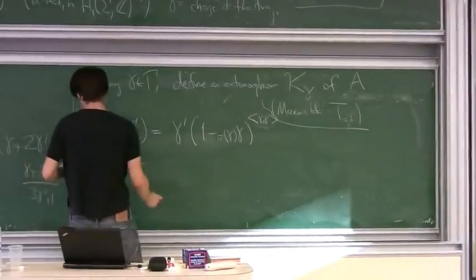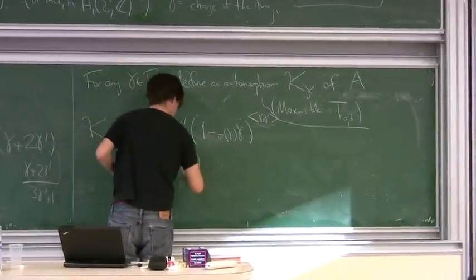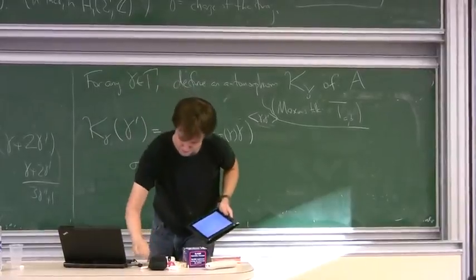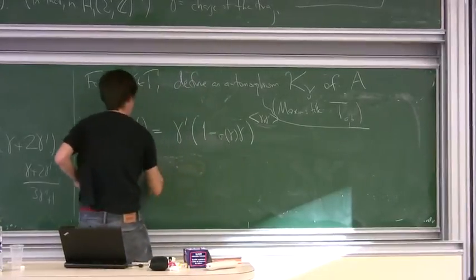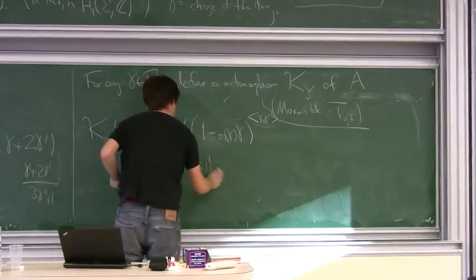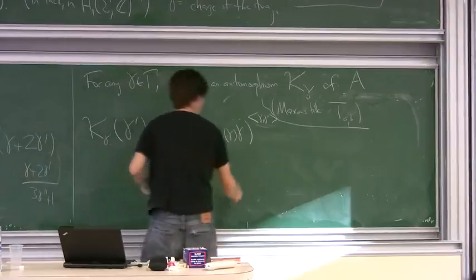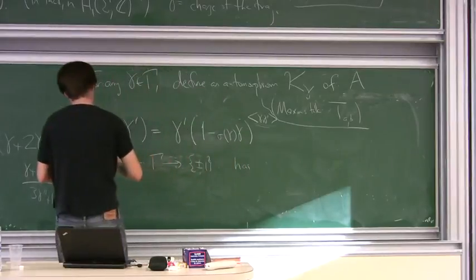So what is this thing? This sigma is just something that maps H1 of sigma to Z2, taking gamma to plus or minus 1. I do not want to define it, but I'll tell you some property that it has.